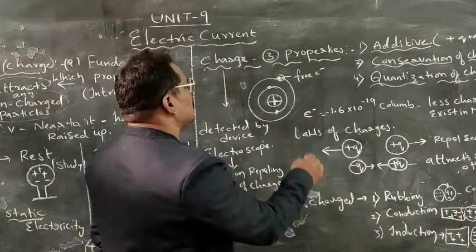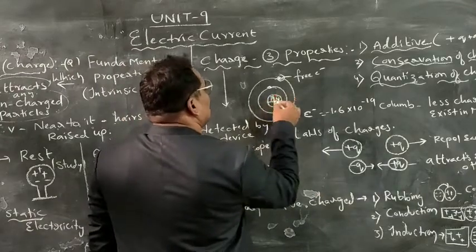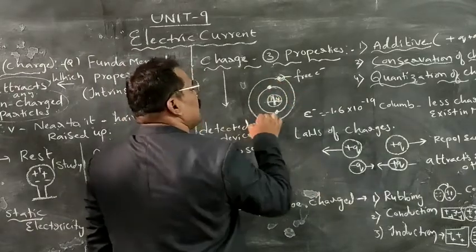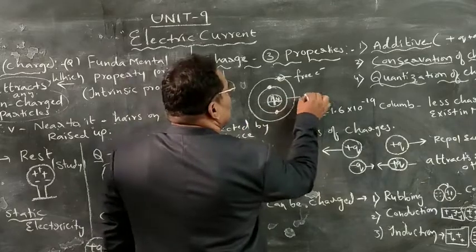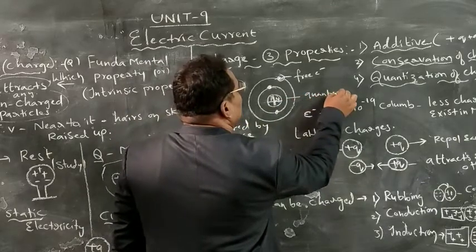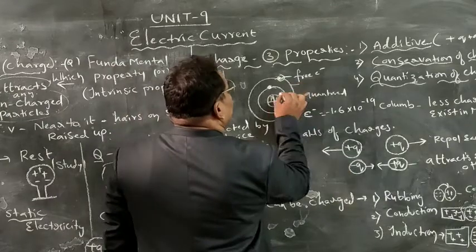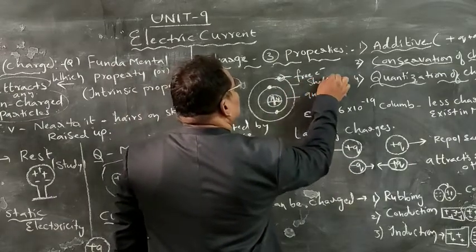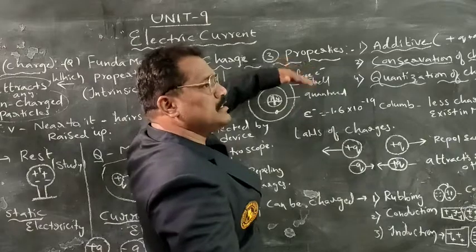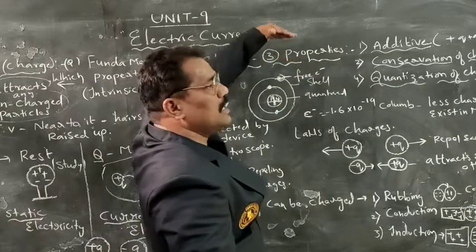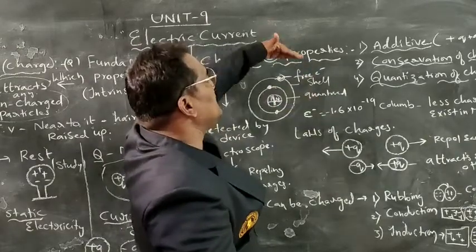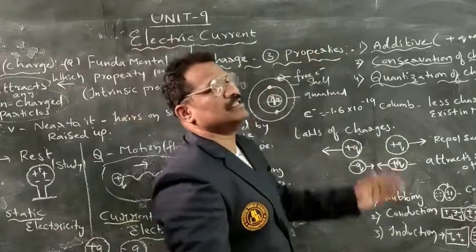Proton and neutron will be existing at the center, the nucleus, whereas electrons orbit within the shells. Within the shell, the electron will be quantized depending upon the energy. So the electrons will be existing in the form of shells: first shell, second shell, third shell, fourth shell. In that particular way, quantization of charges exists.